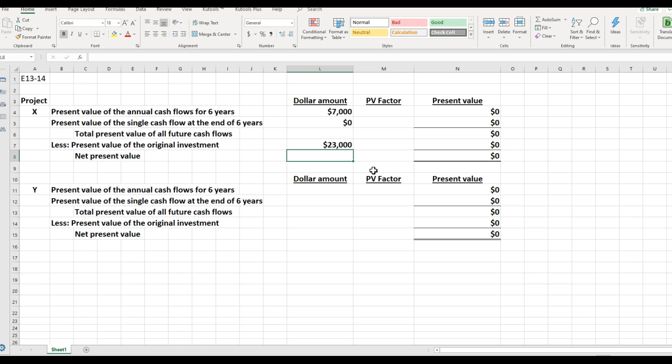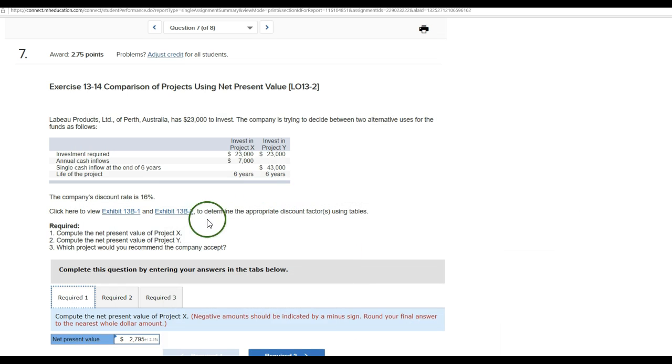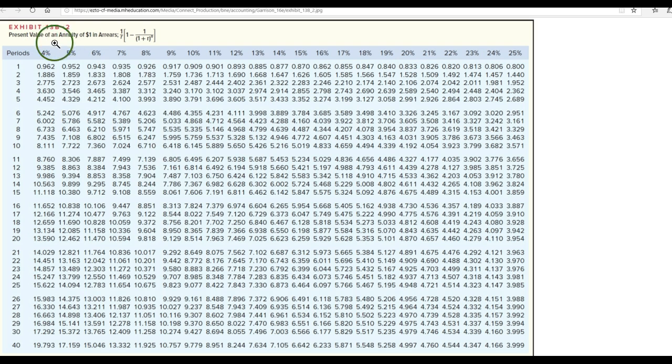So to find the present value of the future cash flow, and the future cash flow is $7,000 each year for 6 years, we need to find the present value factor. Going back to the problem, we need the present value of an annuity table. So here it is. And we're working with 16% for a total of 6 years.